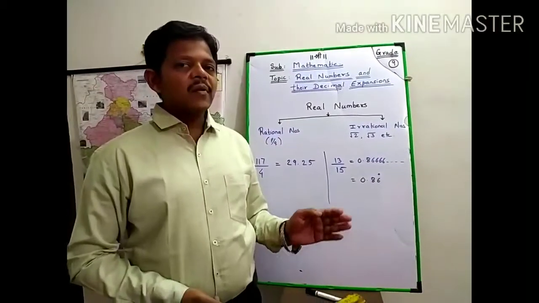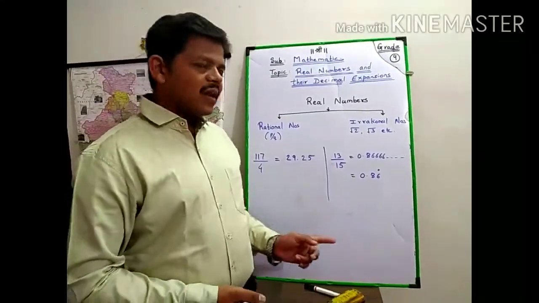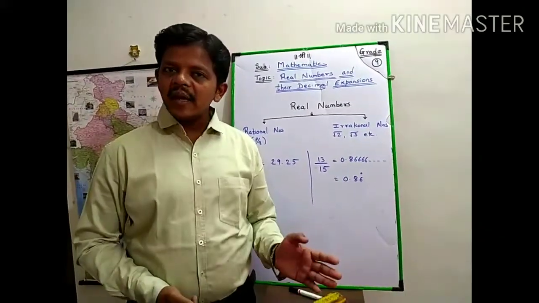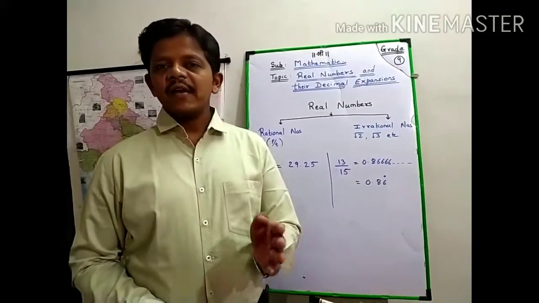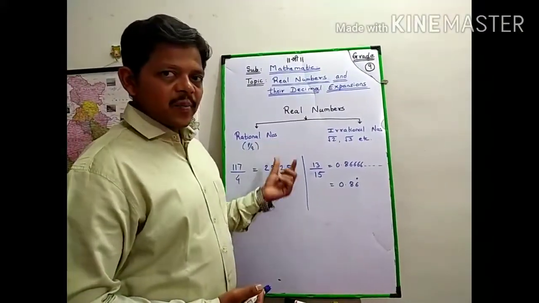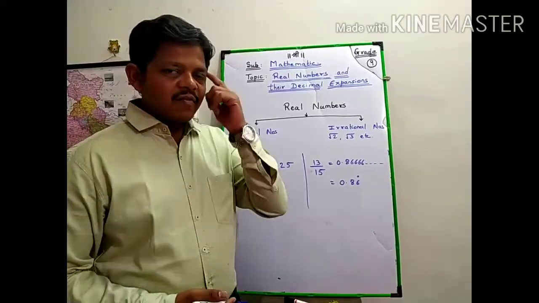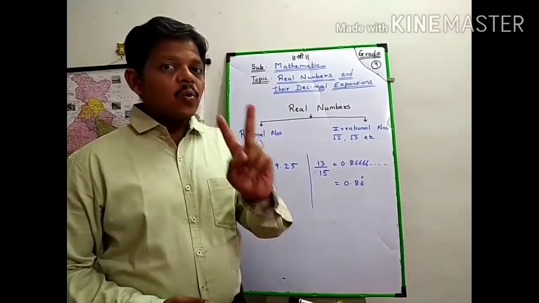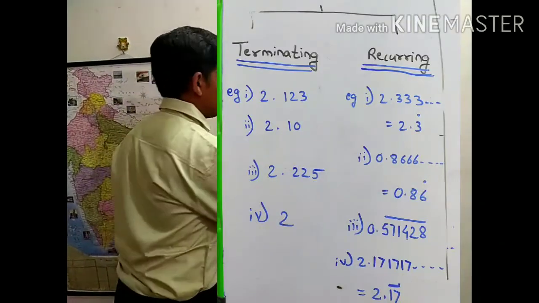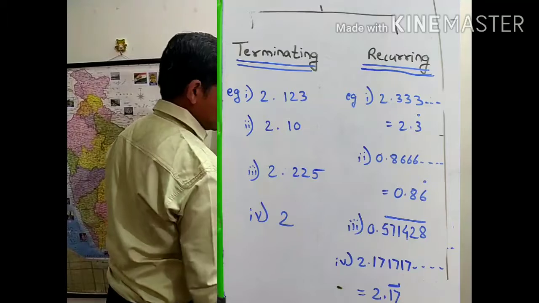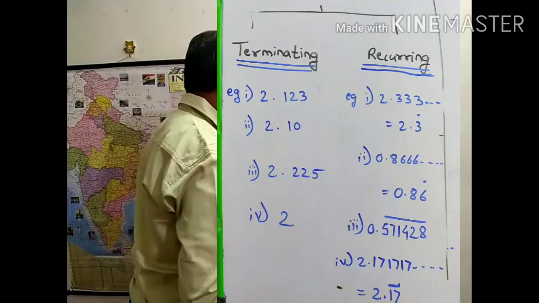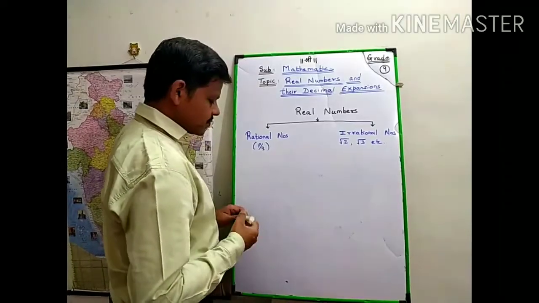So this is the conclusion. What we can draw from this activity is that the rational numbers' decimal expansions will either be terminating or they will be recurring. So if now I were to write about the decimal expansions of rational numbers, I have understood that there are two ways of writing the decimal expansions. On your screen you can see that very rightly we have found out that rational numbers will be of two types.